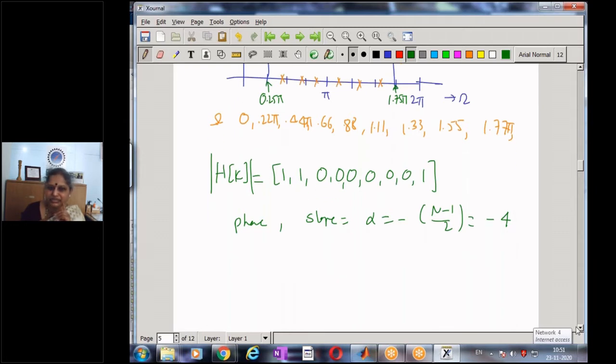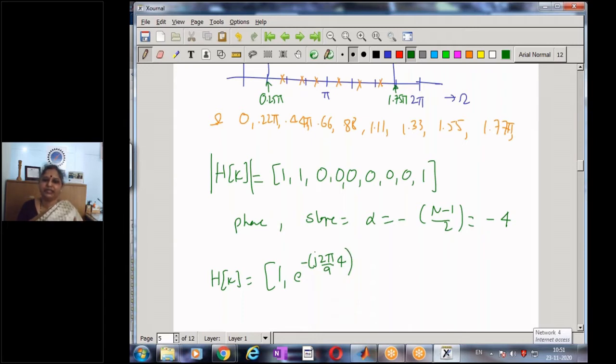So now I will define my H of k. This is going to be 1 because e to the power j0 will be 1, and then e to the power of minus j 2 pi by 9, this is my angle. 2 pi by 9 is what I have, 0.22 pi, and with the slope of minus 4.